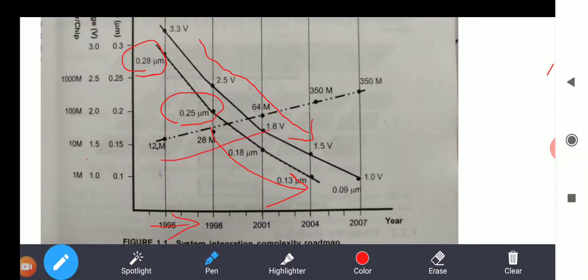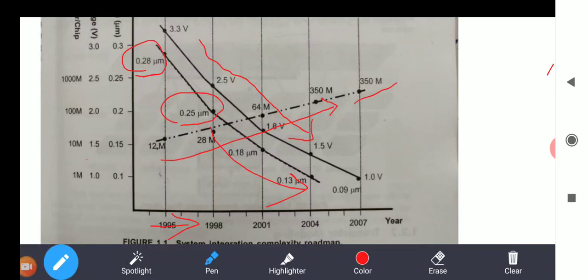And in this graph, if you see, in 1995, 12 million transistors on the chip, the integrated circuit. Okay, 12 million transistors on the single chip. When years are increasing, this becomes 350 million transistors in 2004 and 2007.